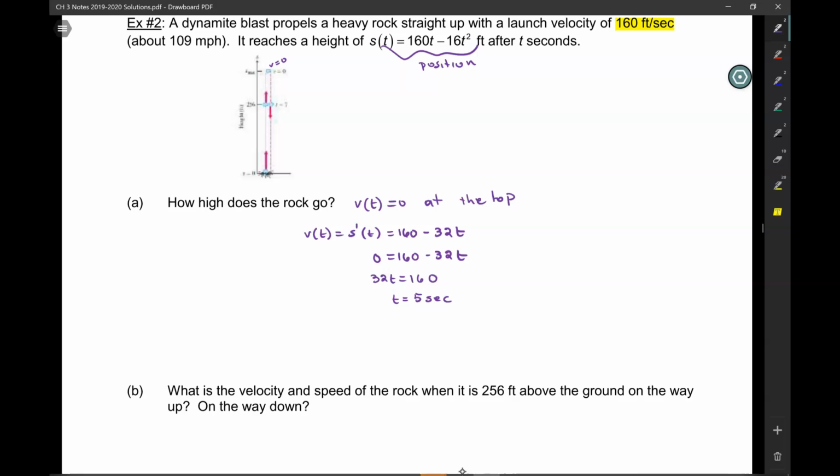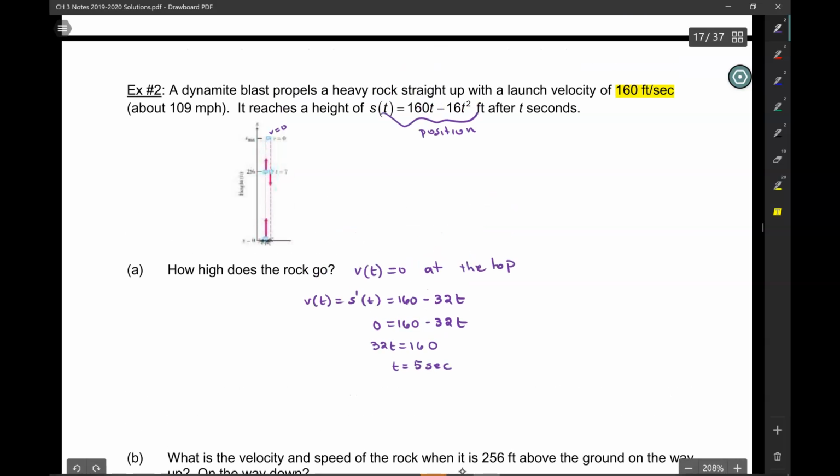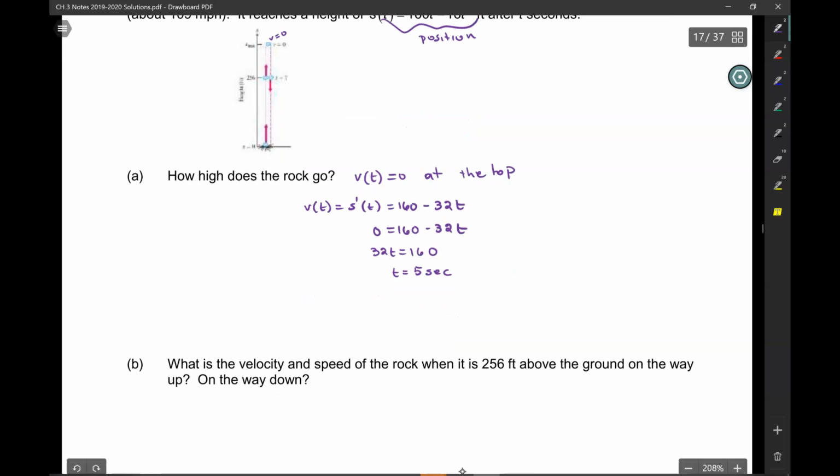So now my question is, where is it at t equals 5? If s of t is describing the position at any given time, then when I plug t equals 5 into s of t, that should tell me its position at t equals 5. All right? So I say s of 5 is equal to 160 times 5 minus 32 times 5 squared.